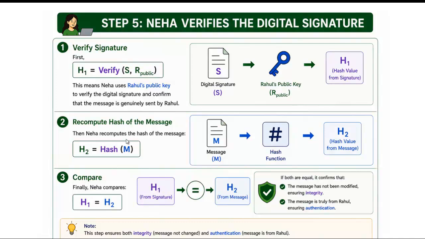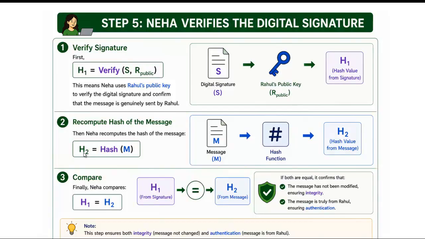Now the next step: Neha independently recomputes the hash from the received original message. You can see hash and M that we are storing in H2. So now Neha has H1 and H2. H1 is the hash recovered from the digital signature, and H2 is the newly generated hash from the received message by Neha.